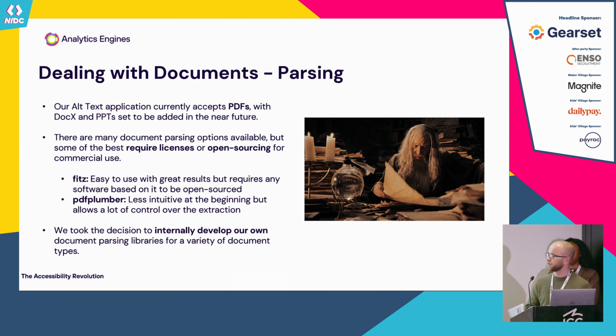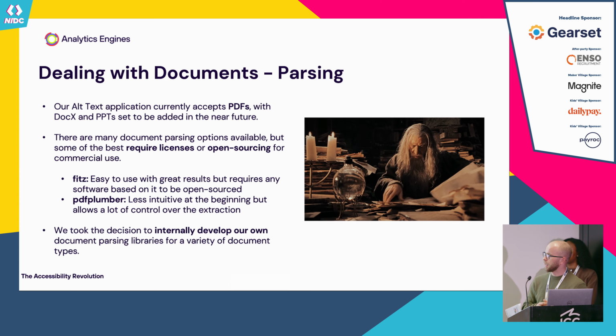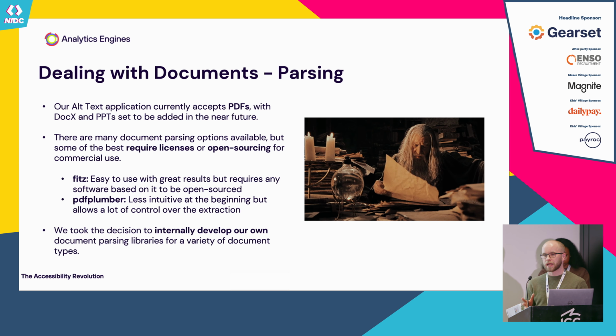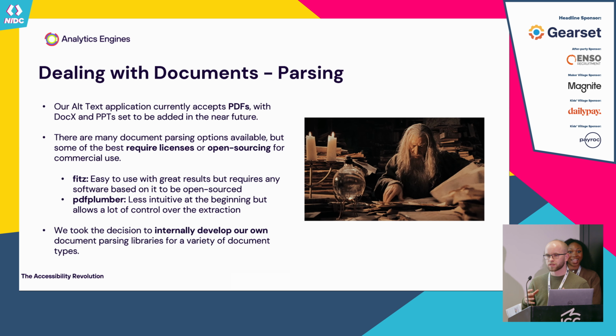So we eventually identified another one, PDFPlumber, which was a wee bit difficult to learn at the start, but it did work, and it gives you a lot of control over the parsing. So we eventually got our tool for parsing out the information from the documents, and the couple of weeks and months it took us to figure that out, how to do it really well and reliably, made us make the decision within Analytics Engines that we should develop our own Python library which has these parsing tools for different documents, because that is something that is useful, and a lot of organizations are doing that, and even individuals, just because it does take a bit of time.